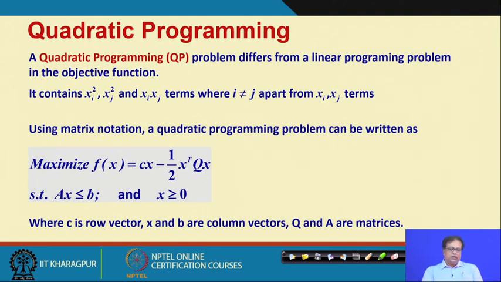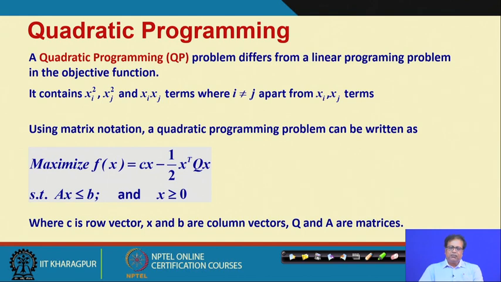So, the quadratic programming problems, in vector form, take this form: maximize f(x) equal to c x minus half x to the power t Q x, is it all right? Where c is a row vector and x and b are column vectors.